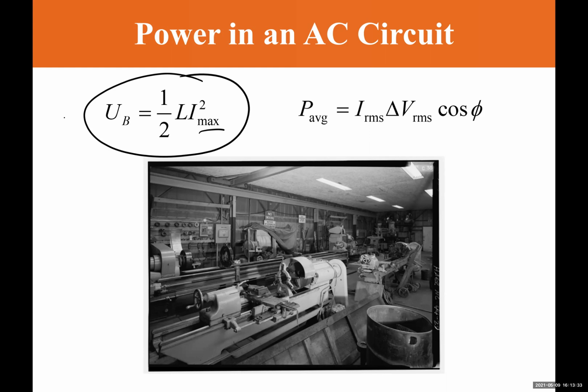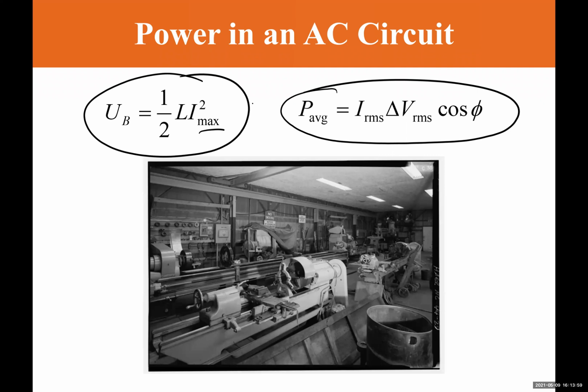So when the current in the inductor reaches its maximum value, all the other type of energy is now converted into magnetic energy. When the current begins to decrease in the circuit, the stored energy in the inductor returns to the source as the inductor attempts to maintain current in the circuit. And that's the equation for the average power.